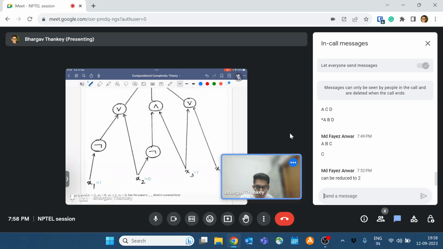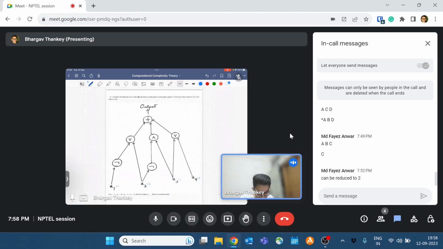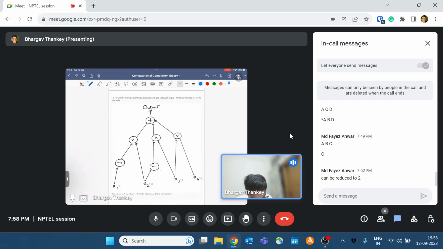So yeah, this also needs to be worked out. So let's work this out. x1 is 1, so this wire is 1, so this wire is 0. x2 is 0, so this is 0, this is 0, so this is 0 or gate, this is 0, so this is 1. x3 is 1, so this is 1, this is 1, and x3 is 1, x4 is 0, so this is 0.